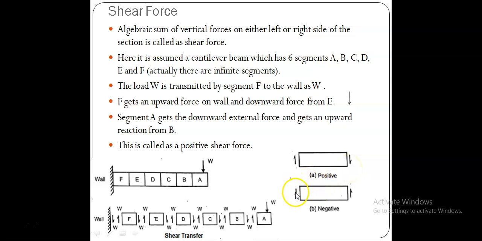Like that, on the left side portion, when the shear acts downward, it is negative, and on the right side, when the shear force is upward, it is negative. Simply, left up and right down are positive, left down and right up are negative. Like that, we can use the sign convention for calculating the shear force.